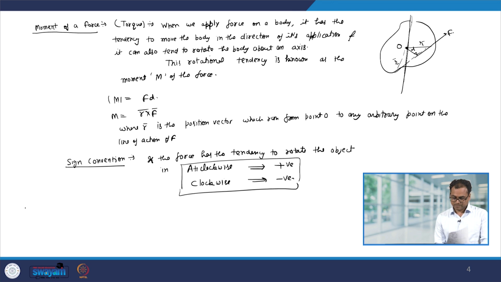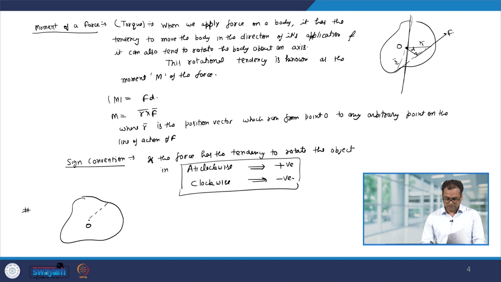Now, let us say that I have a rigid body, and on this rigid body a force R is acting.